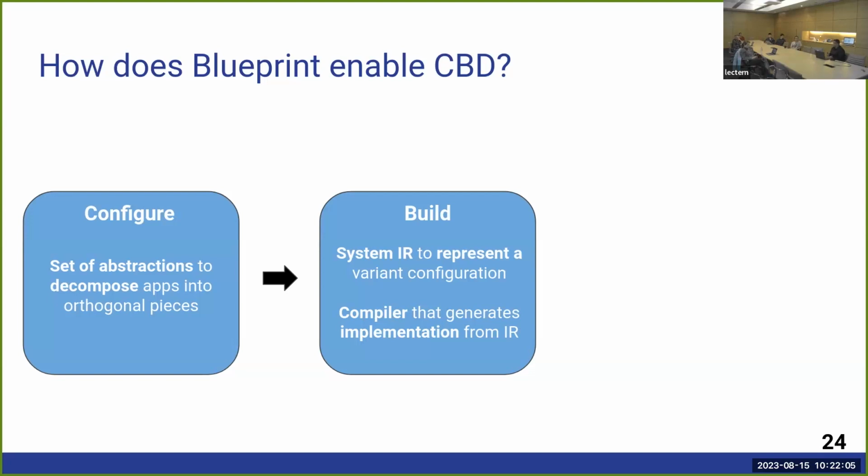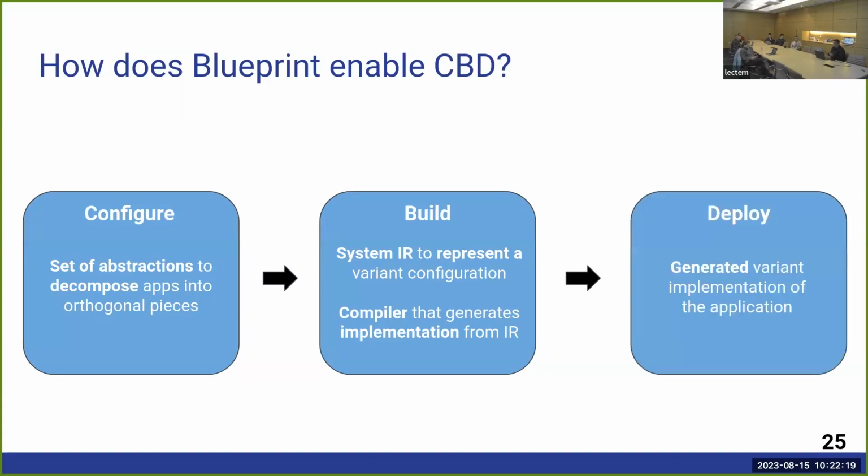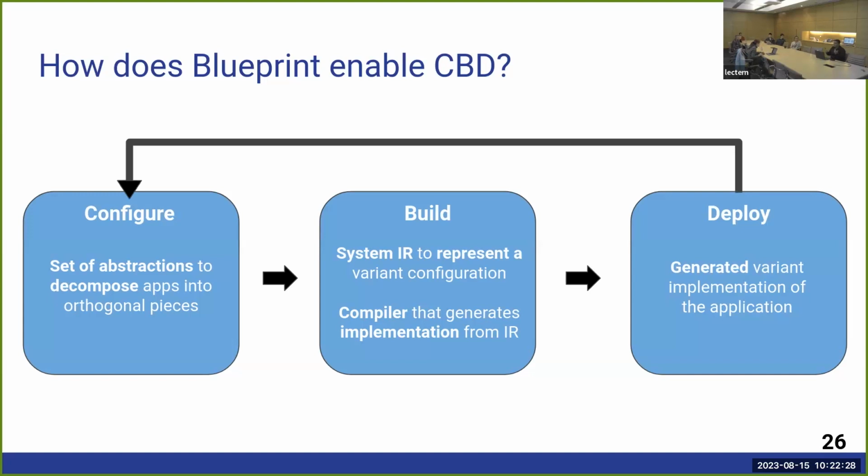The compiler takes the IR that it generated from the inputs, and then generates a specific implementation. The IR is a unique representation of the inputs provided by the user. Then you can deploy the generated variant of the application, measure it, and do experiments as you please. And you can iteratively do this over and over again.